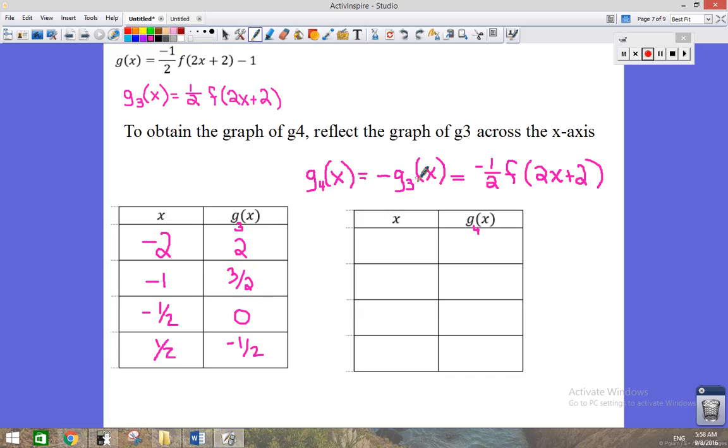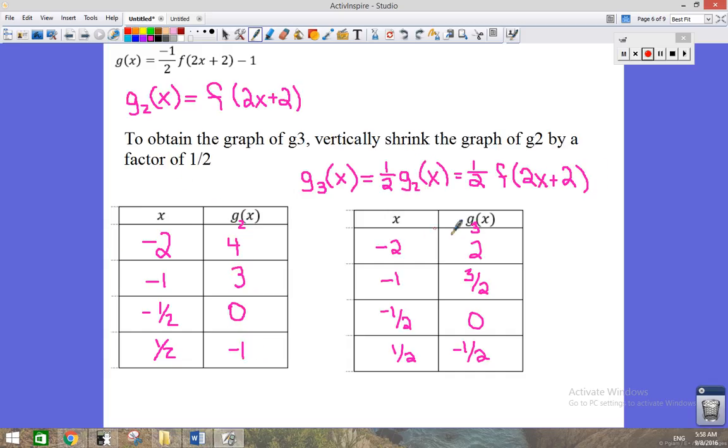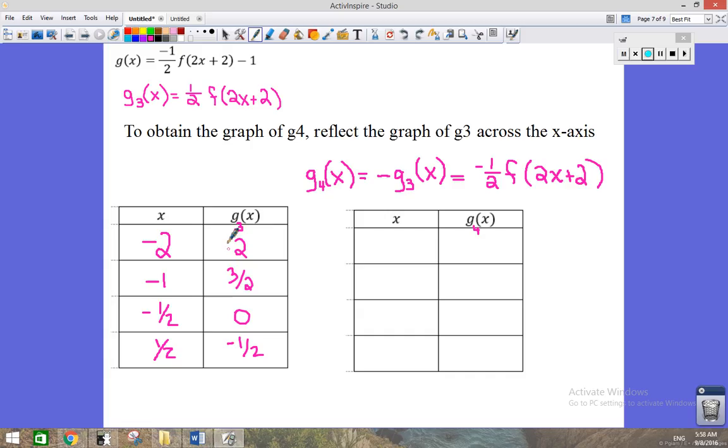So I paused the video and corrected that. Alright, so now this table for G3 should be the same as this table for G3. I've just copied and pasted it over here.